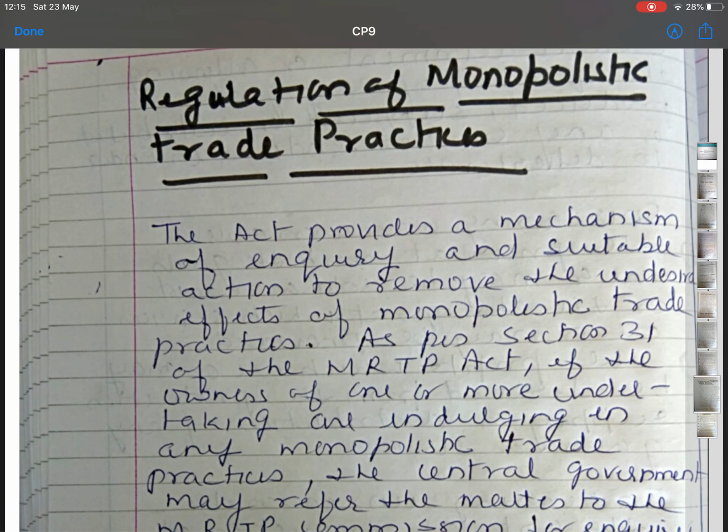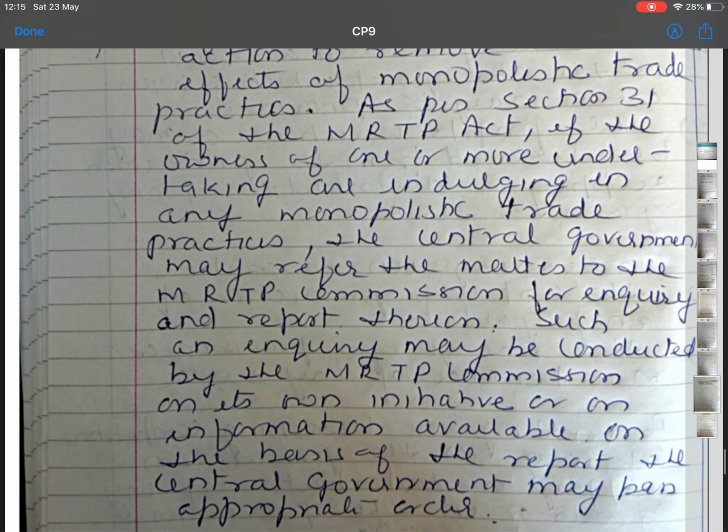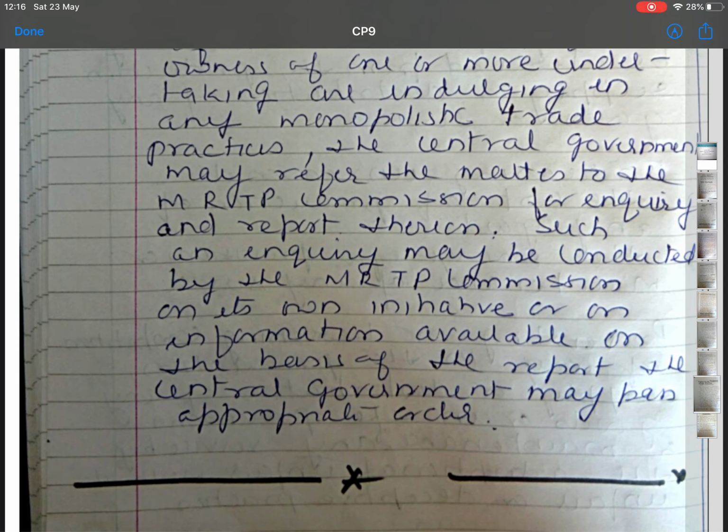As per section 31 of the MRTP Act, if the owners of one or more undertakings are indulging in any monopolistic trade practices, the central government may refer the matter to the MRTP Commission for inquiry and report thereon. Such an inquiry may be conducted by the MRTP Commission on its own initiative or on the information available. On the basis of the report, the central government may pass an appropriate order.